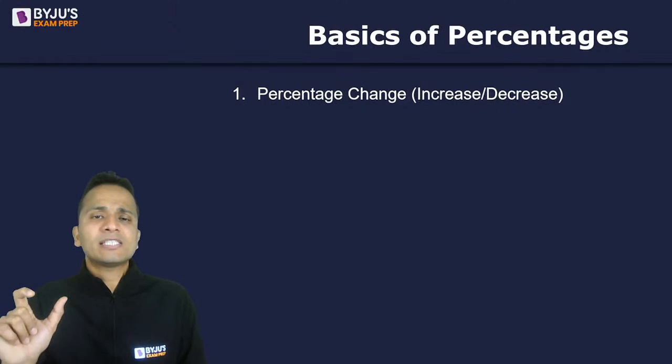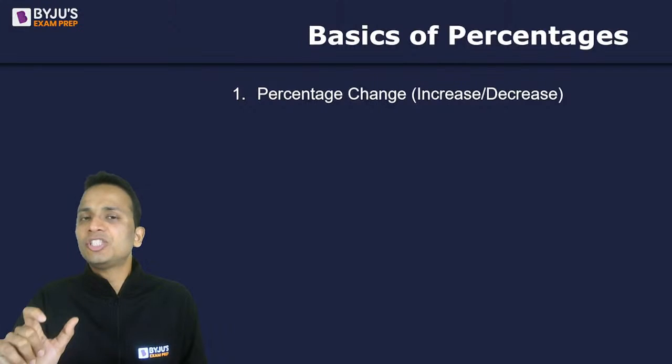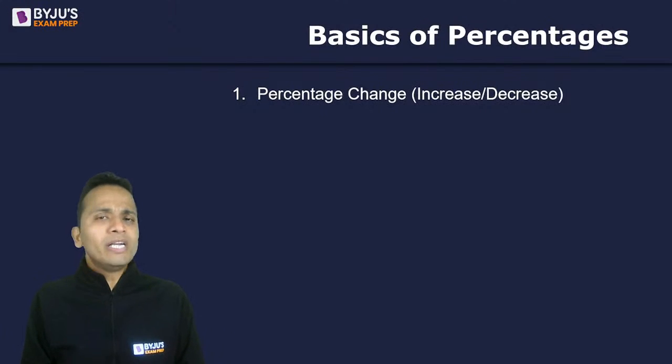If you understand what percentage change is, then you don't need to learn any formula as far as profit and loss and simple interest and compound interest are concerned. If you have seen the chapters of profit and loss and simple interest, compound interest, generally in each and every book, you will see different formulas for each of these concepts.